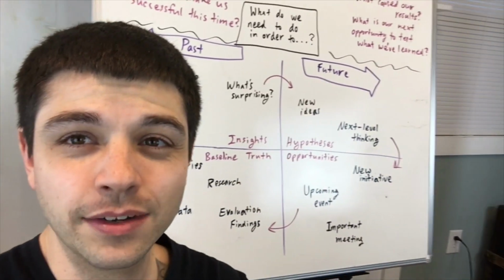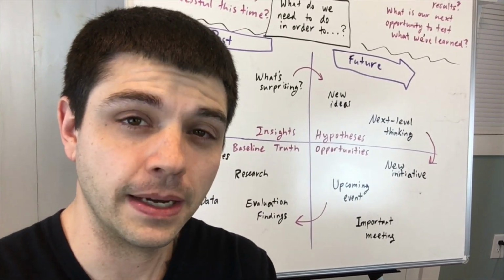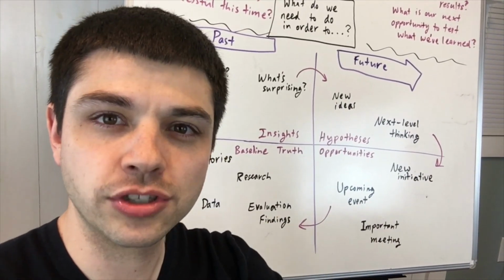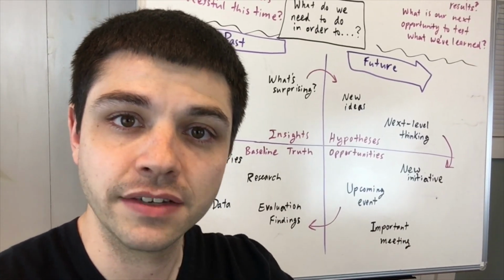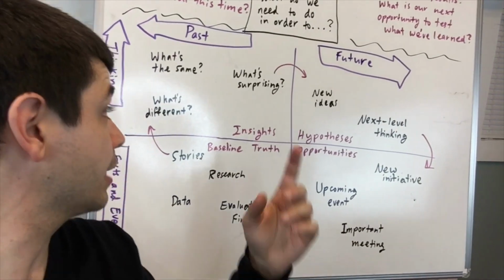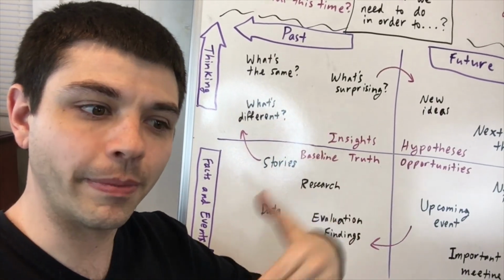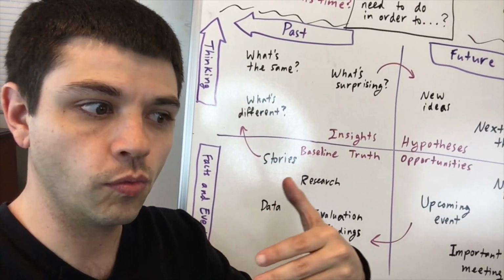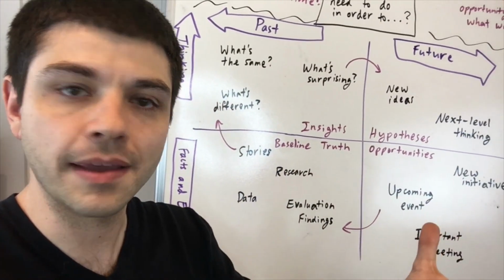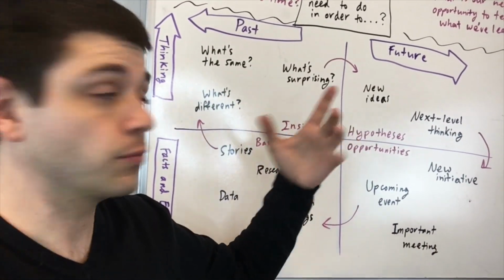And these are things that we see, our ideas about the past, right? Our ideas about the past, those are our insights. That's what we know or what we've already learned from our past events, from the truth. And like we said, the questions we need to ask here: what's the same? What's the same about what already happened in the past and what I'm trying to come up with now? What's different? What has changed? What's surprising? We already talked about that.